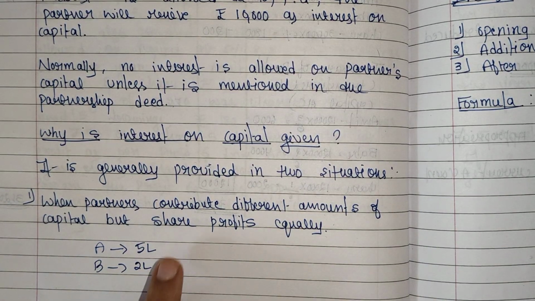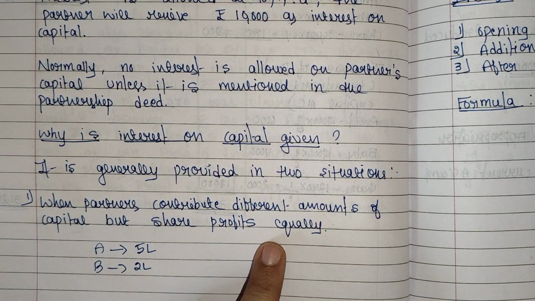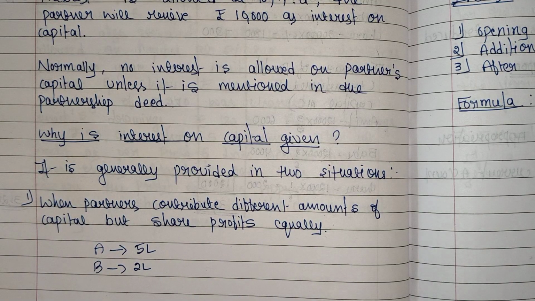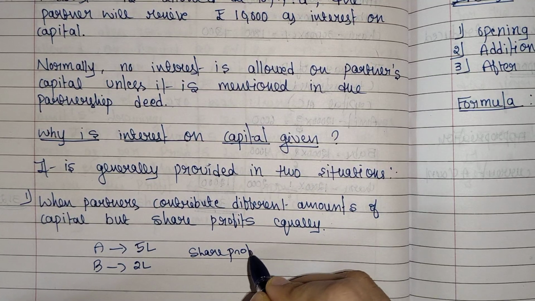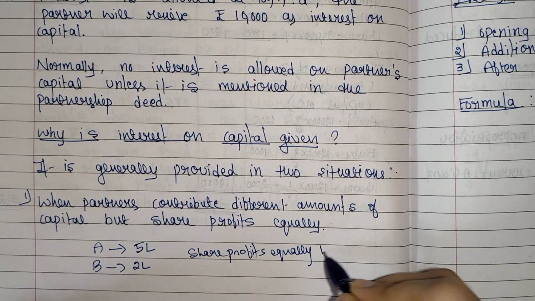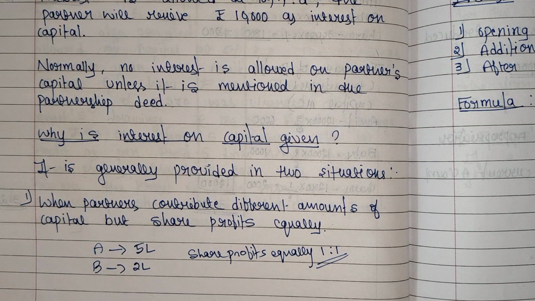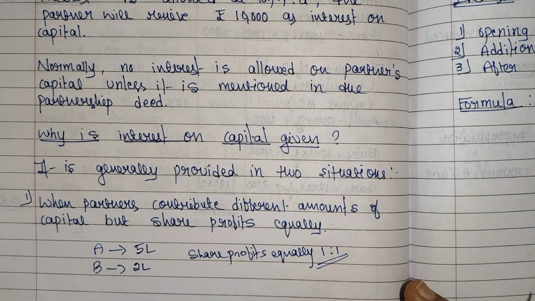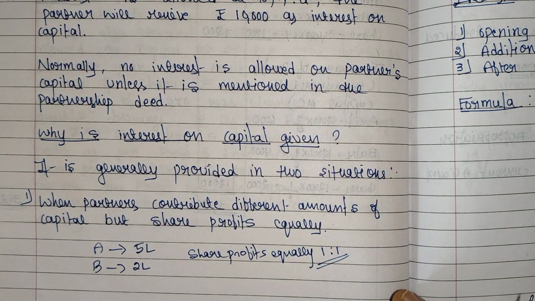Partners contribute different amounts of capital but both share the profits equally, that is 1:1 ratio. Clear? So here, to maintain fairness among the partners, interest on capital is given.